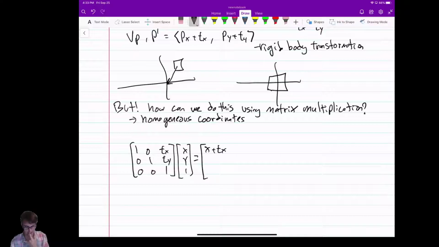Awesome. Okay, and if we're not w of 1, the whole thing will scale up based on w, so it works just fine. And then y is going to be 0x plus y plus tx, ty I should say, and then 0, 0, 1. Great, so we can do that, right?